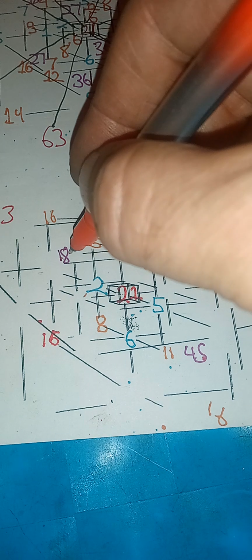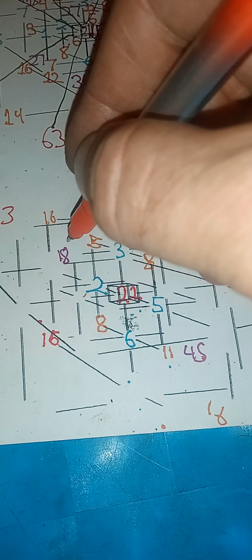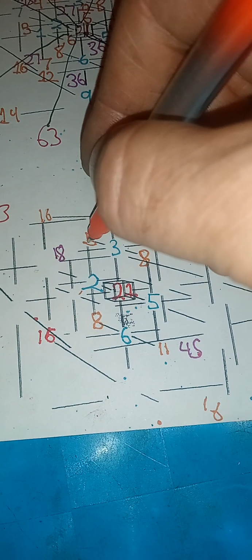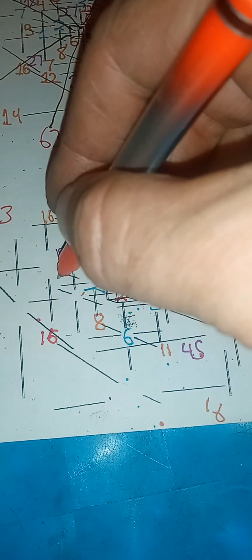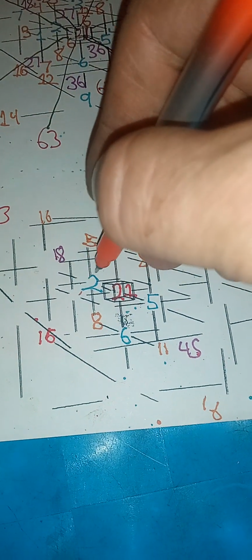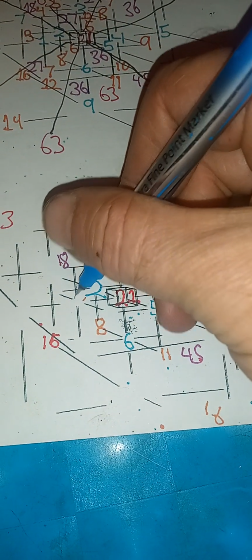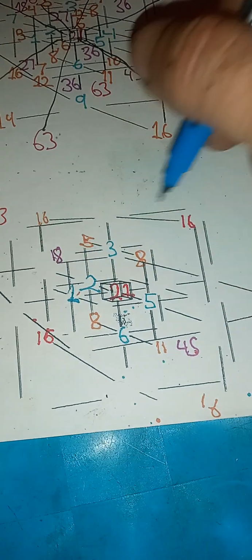Well, 18 divided into 3 parts is 6, and 6 and 6 is 18. So 2 6s is 12. So these numbers in orange have to be 12, add up to 12. There's only one number that would give 6. So you already got that down here, 6.